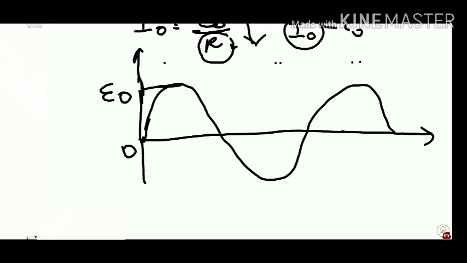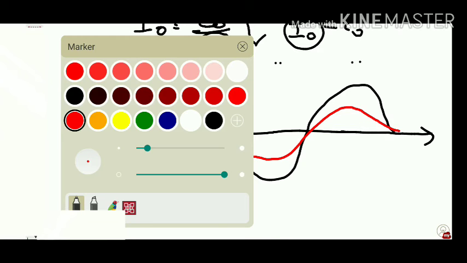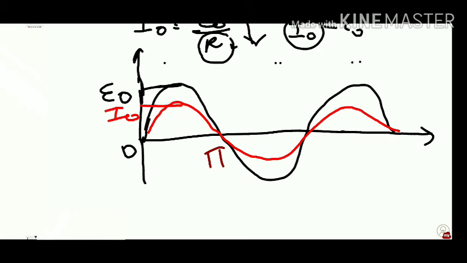But when I draw the diagram for current, the magnitude of I naught is less, but it is of the same phase. Clear? So this is I naught. This point is pi, this is 2 pi, 3 pi and it goes on. This is omega t. This is for EMF or current.